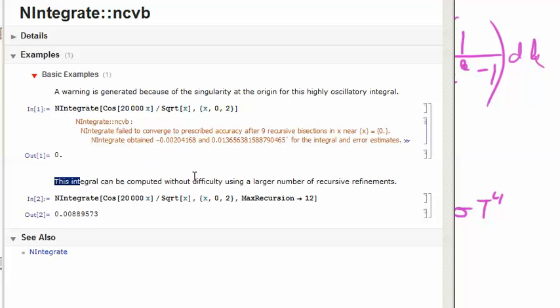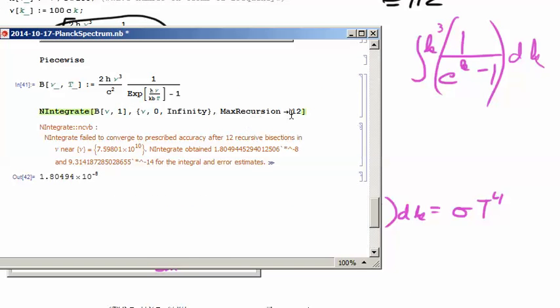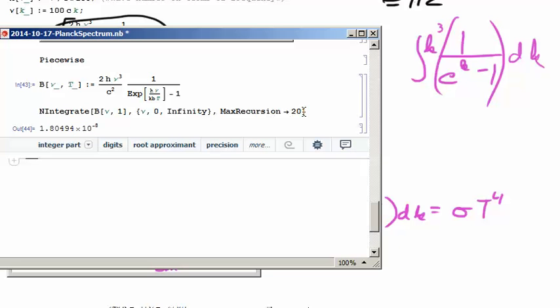It says this integral can be computed without difficulty using a larger number of recursive refinements. So let's try that. Use a higher number for max recursion. We still have the error with 12 recursions, but with 20 there is no error. It finds 1.8 times 10 to the negative 8th.